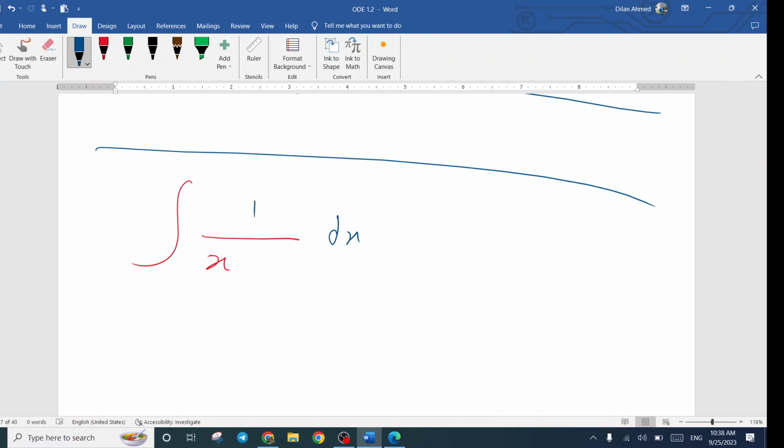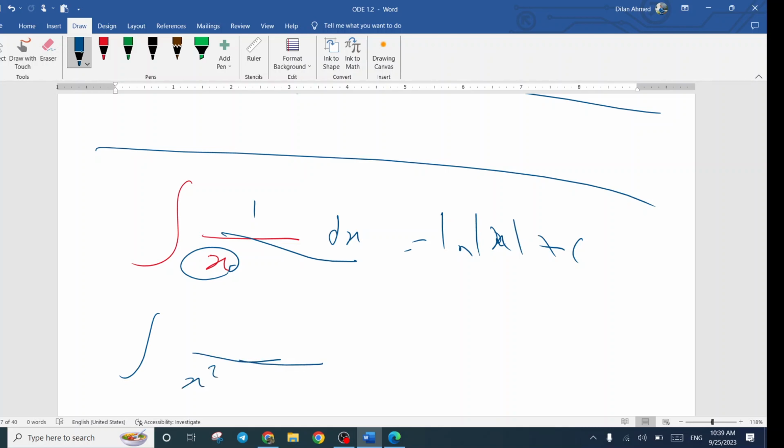How do we solve this one? How do you know it's ln? Because the derivative of the denominator exists in the numerator. Again, the derivative of the denominator is equal to what? 2x.